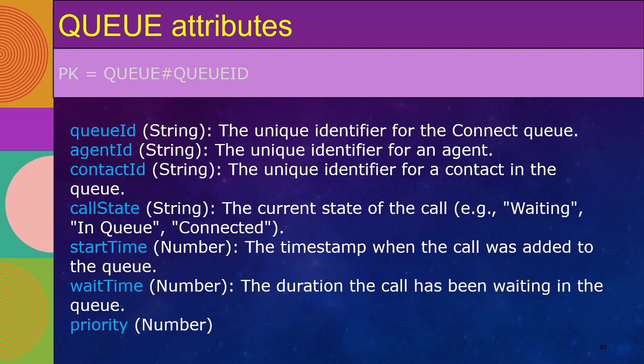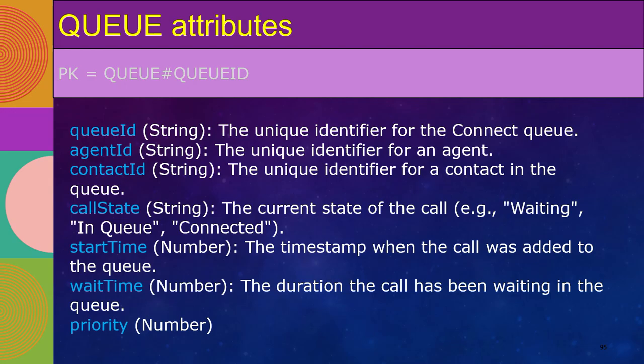Once again, I might want the primary key to be this Q pound Q ID. What that means is I could search for queues using a primary key, I could search for agents using a primary key, and I could search for customers using a primary key. The way I want to sort these things is secondary to what I'm trying to do right now.